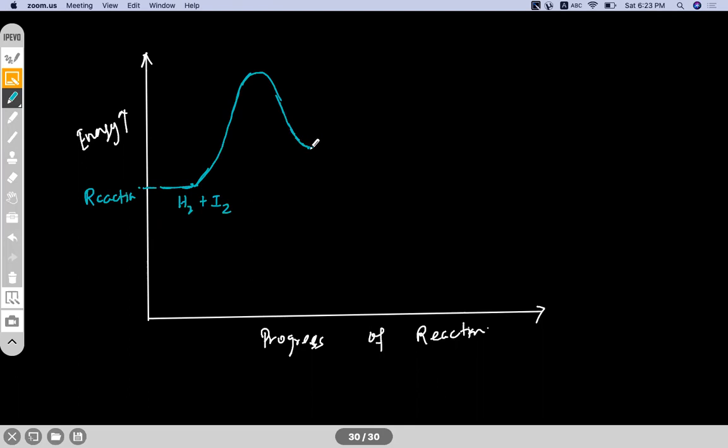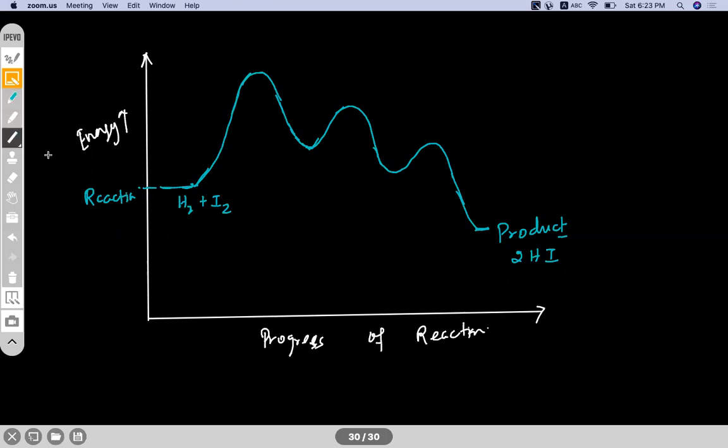What is that intermediate? We'll write down later. And then again the energy increases, and this converts into the product here. The product here is 2HI. This is the reaction we have.